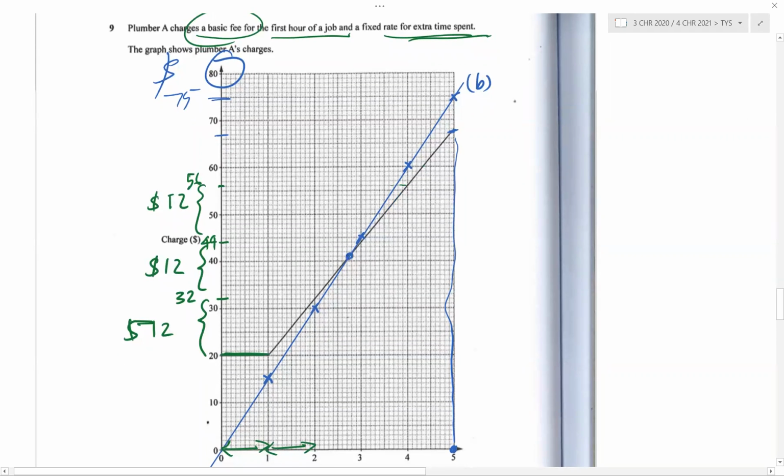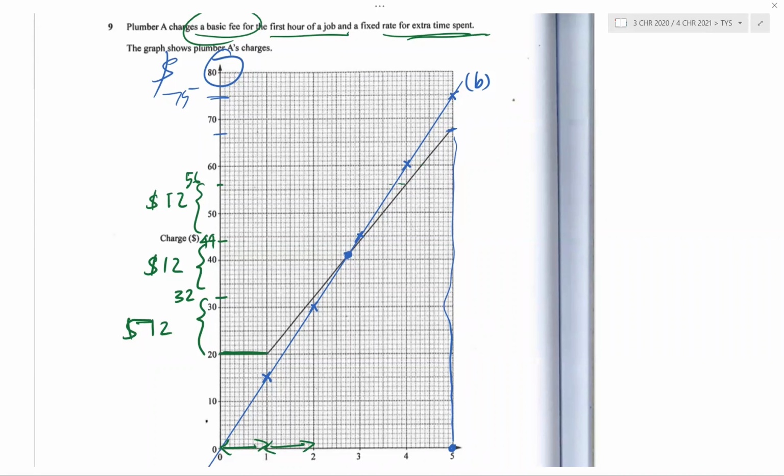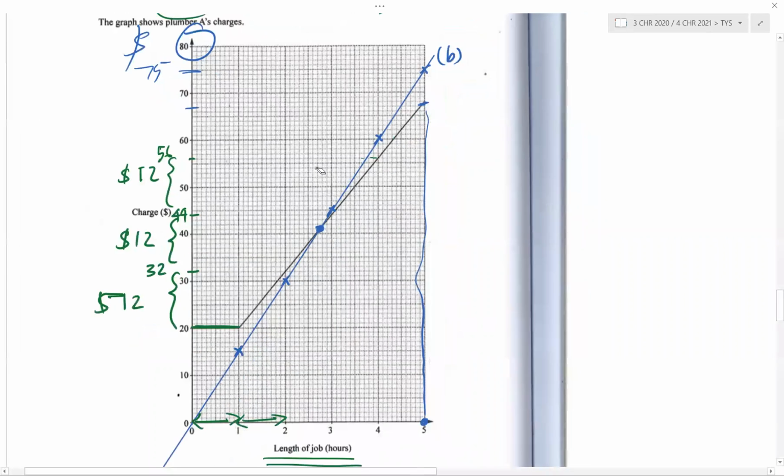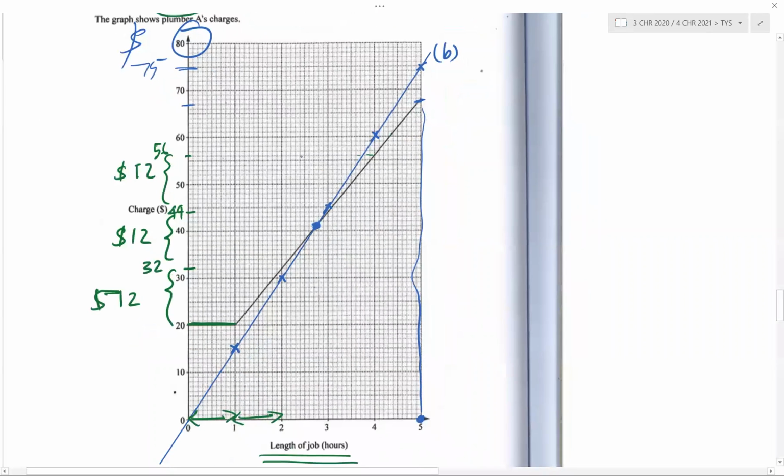If everybody drew it accurately, we will all have the same answer, but it's very difficult for all of us to have exactly the same graph. So what you need to do is to find that point on your graph where they cross each other. Where they cross, it means that they are charging you the same amount for the same duration. The question is asking for the duration. So according to my graph, my duration is, let me see.